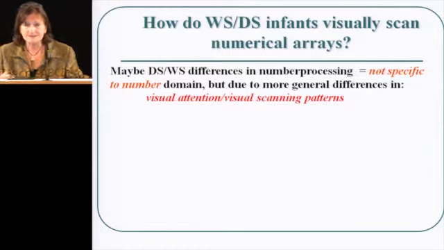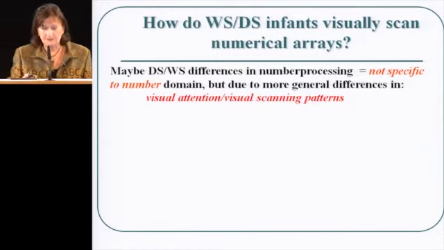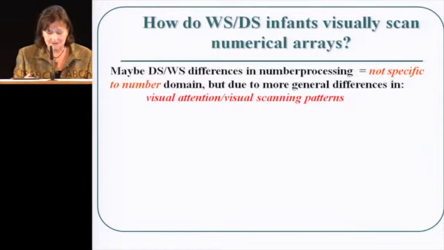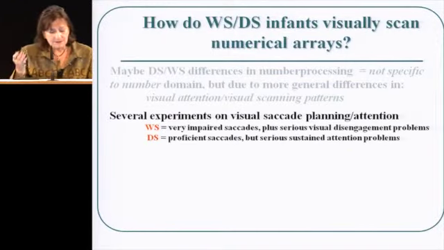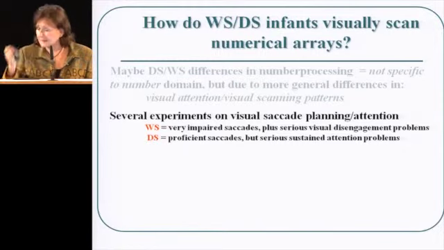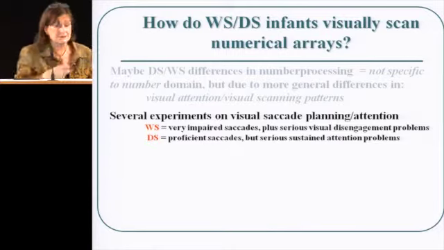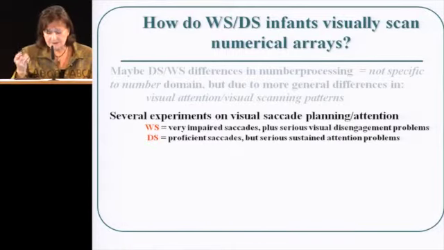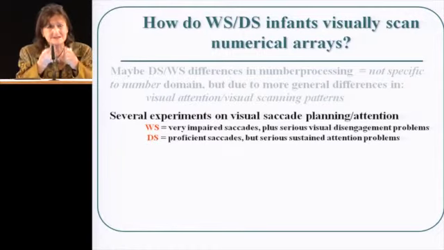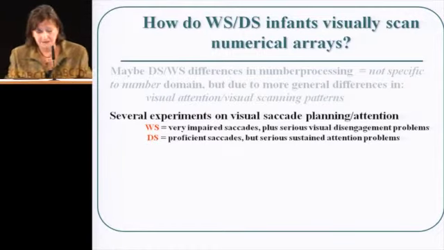And we did a series of experiments. They've all been published, so if anyone wants them, I can send them, and I don't have time to talk about them now. But what we found was that in Williams syndrome, there was a strong impairment in planning visual saccadic movements, just moving the eyes to follow something that has occurred. And they also had a very serious problem with disengaging visually. They had sticky fixation on something they were looking at.